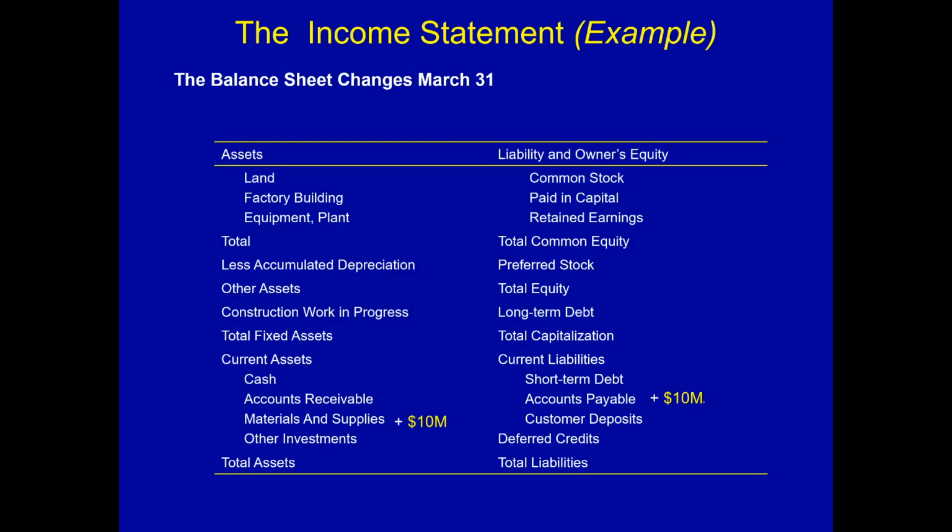Now the balance sheet changes on March 31 by paying cash. Let's say they pay by cash, so the cash has been reduced by $10 million, and at the same time the accounts payable has been decreased by $10 million.